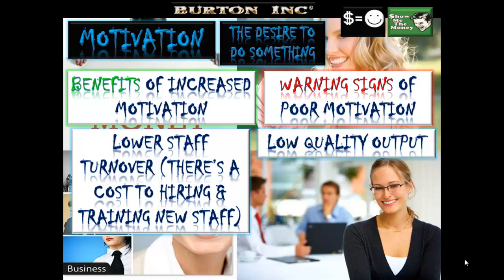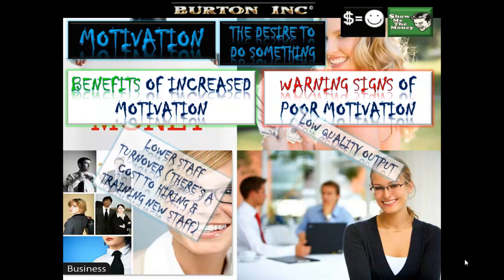And the other side of these two coins, increased motivation, we get lower staff turnover. And we know that there's a definite cost to hiring and training new staff. So the lower the staff turnover, the less you're hiring and training staff. And the more experienced and able your staff tend to be, the longer they stay. A low quality output would be a definite warning sign of poor motivation.